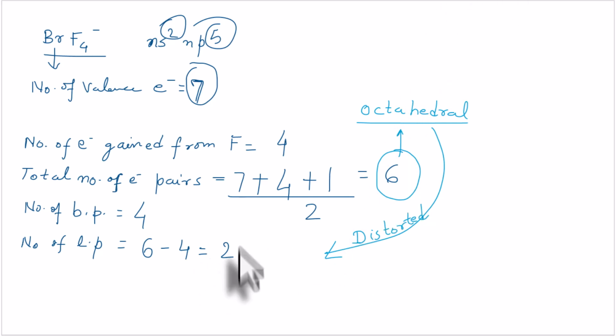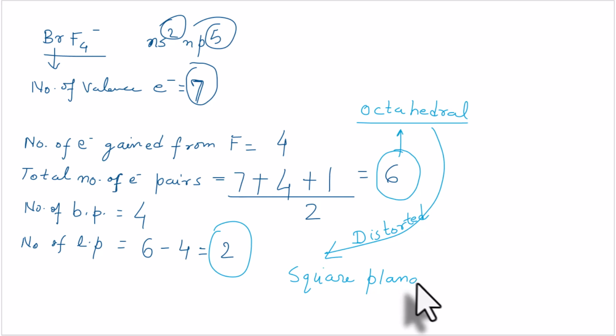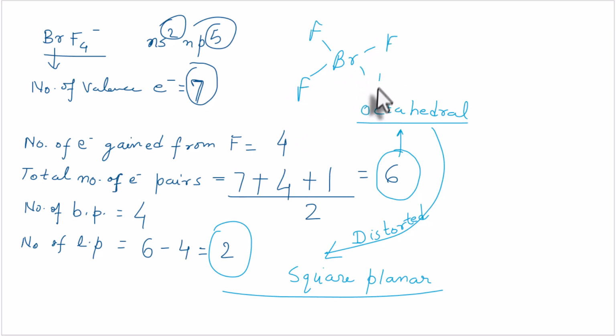When we have these 2 lone pairs, this octahedral geometry becomes a square planar geometry. Square planar means we have something like this: the central atom here, the 4 other bonded atoms, and at the axial positions, we have the lone pairs.